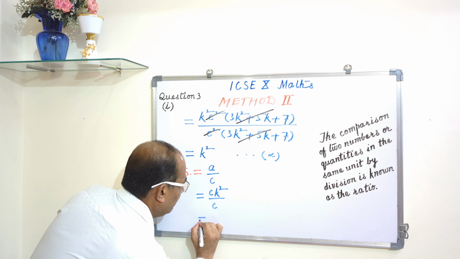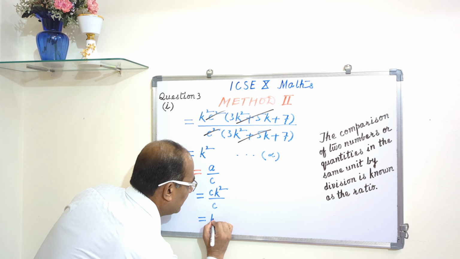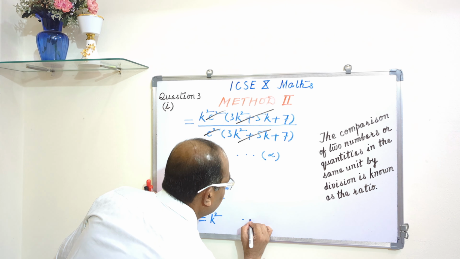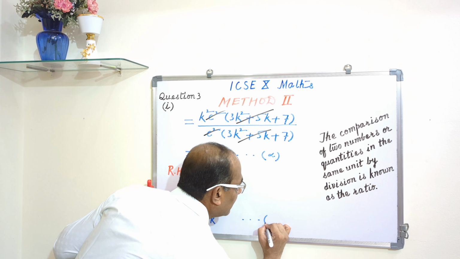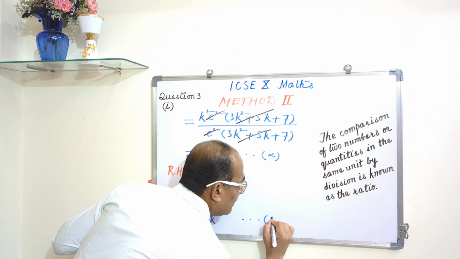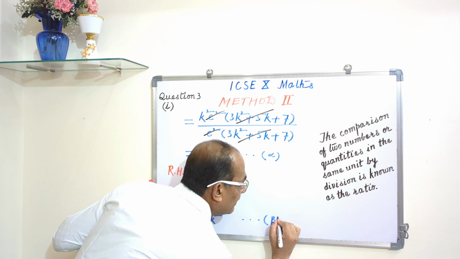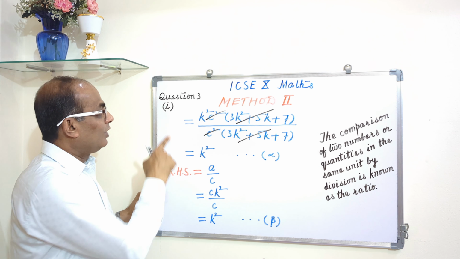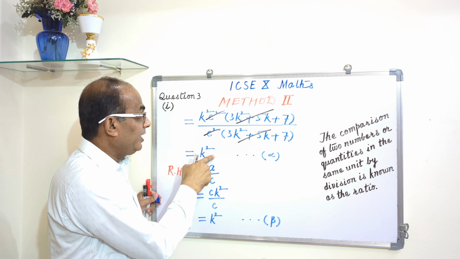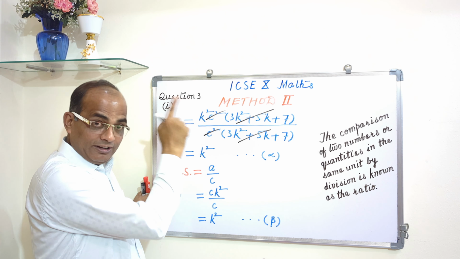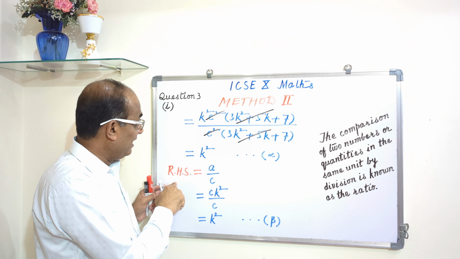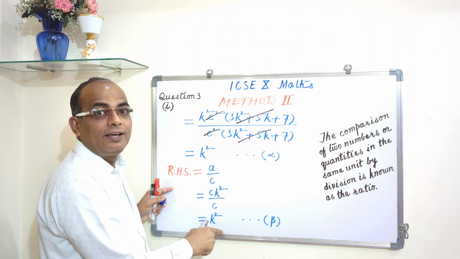C and c cancel, and we are left with k square. Equation number beta. So RHS, right hand side is equal to k square, and left hand side is also k square. We simplified this all, and right hand side is also k square.